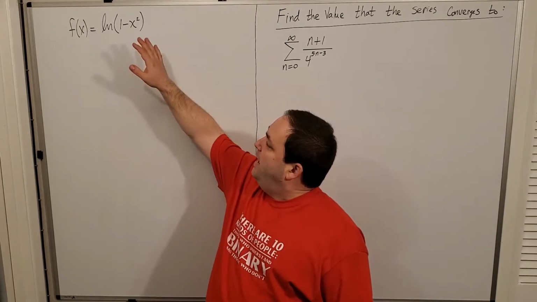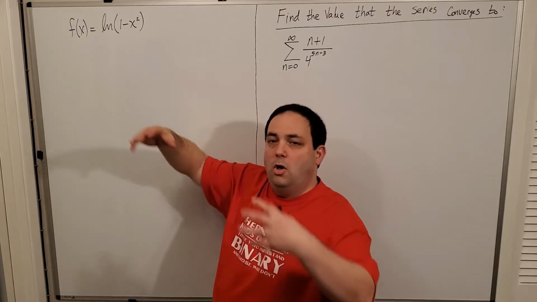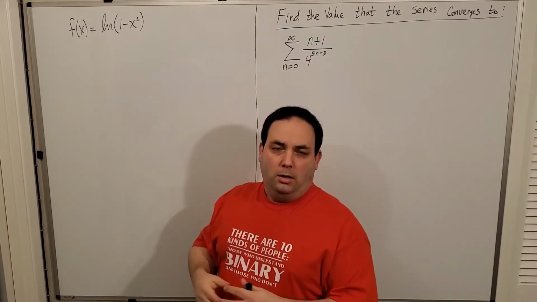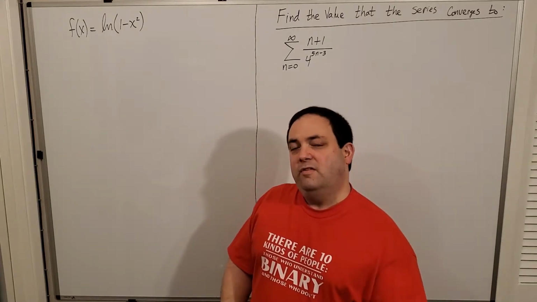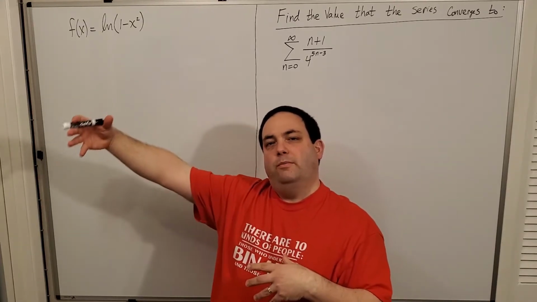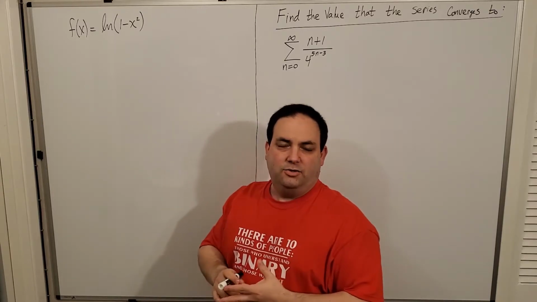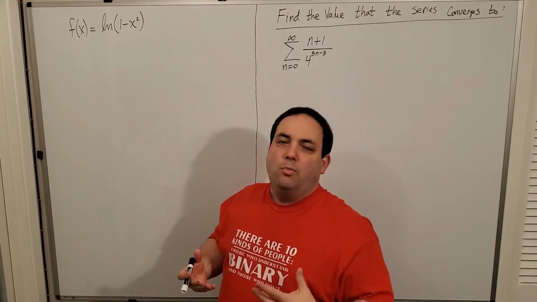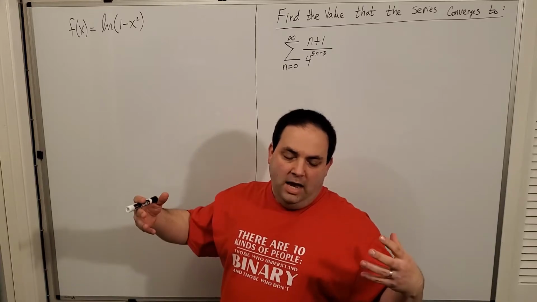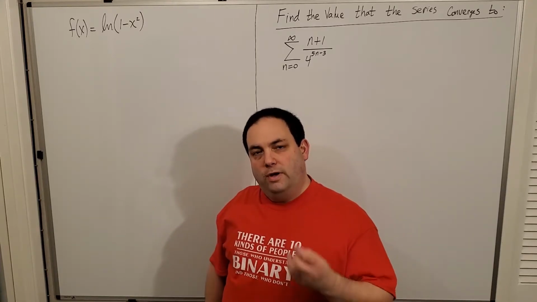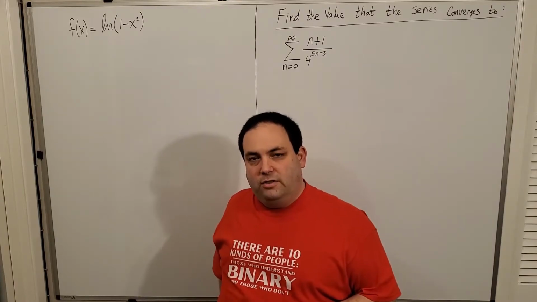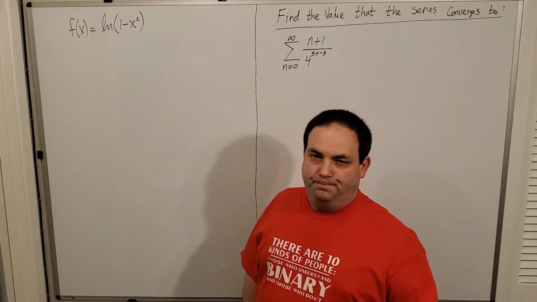Now let's look at a power series of a logarithm that has something more complicated inside of it. In this case, 1 minus x squared. And this is going to bring together something from the last lecture as well. I'm going to break this thing apart into multiple series and then bring them back together with addition and try to use a pattern to create a very efficient power series for this function.